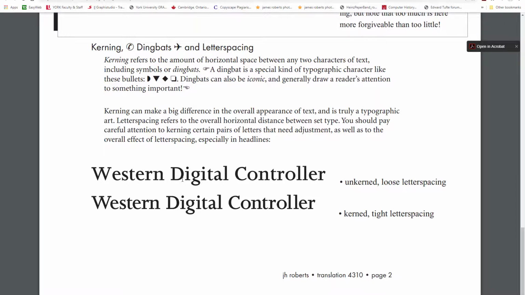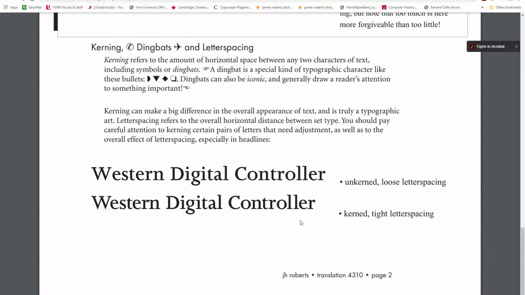DI is another one where you get a lot of space normally, or CO, but it needs to be tighter to look right. Now, you don't know unless you've designed things that the N and the T here are too far apart, but you do know it. The ROL looks terrible there. And if you had to read a whole book like that, you'd quickly wonder what's wrong with it. In actual fact, there's nothing wrong with it, but this looks a lot better.